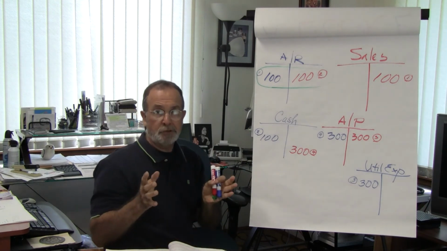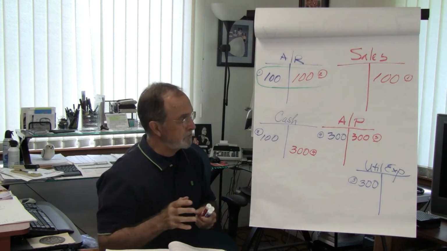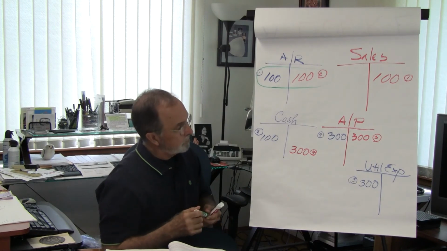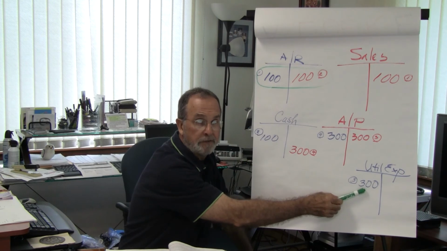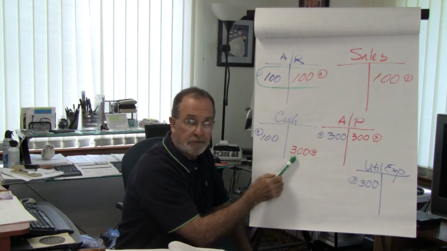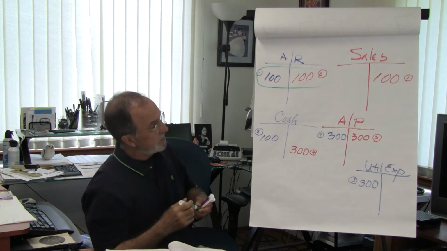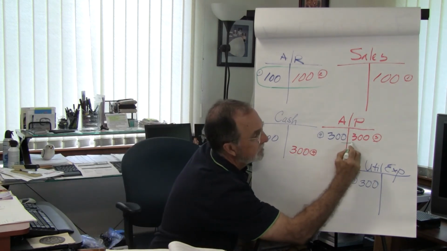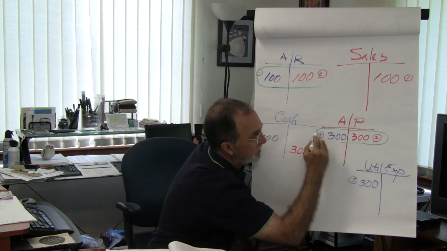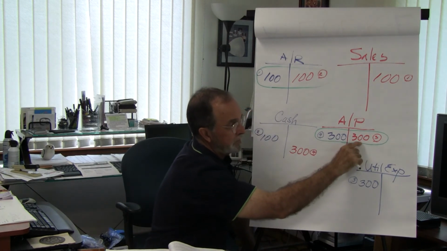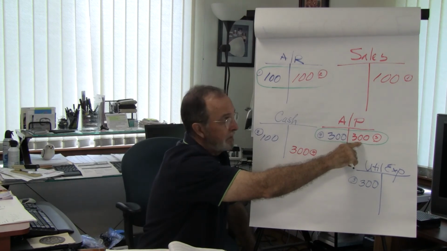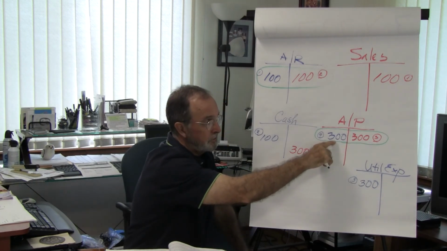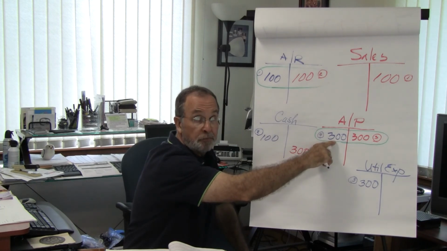The net of both transactions, after both transactions have occurred, what we end up with is a debit to utility expense and a credit to cash. And in accounts payable, we can see both the transaction to add it to accounts payable when we first recorded it, and we can also see the transaction to subtract it from accounts payable to show that we paid it.